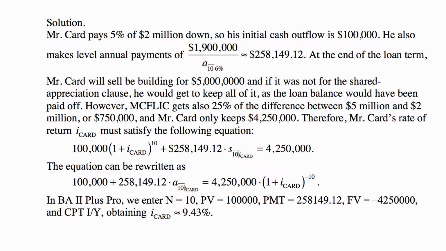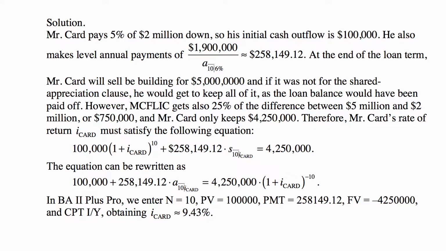We can also rewrite this equation in the form that you see here, by having 100,000, the payment right now, plus the present value of all the mortgage payments, equal to the present value of that payment in the future.